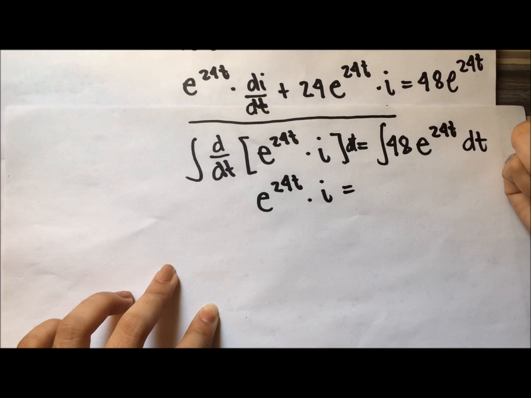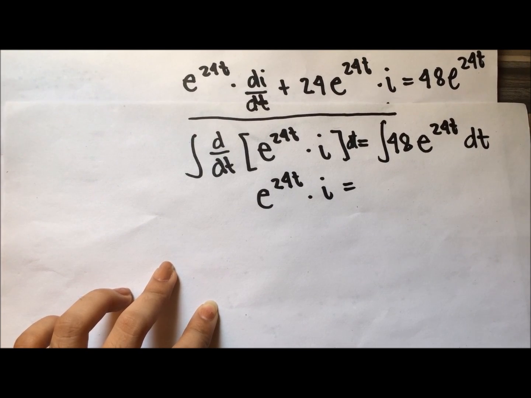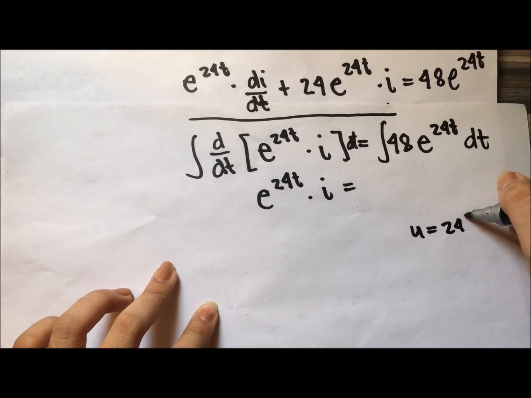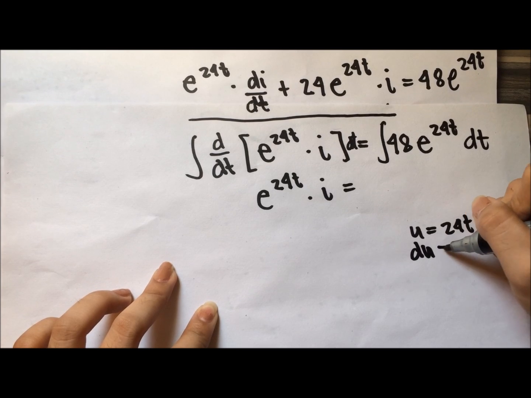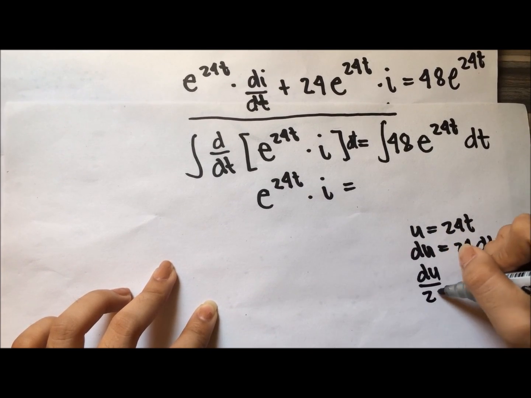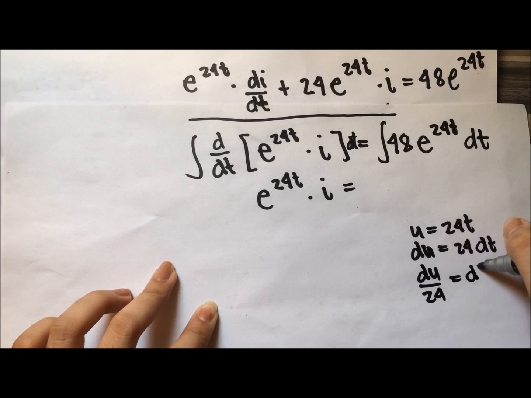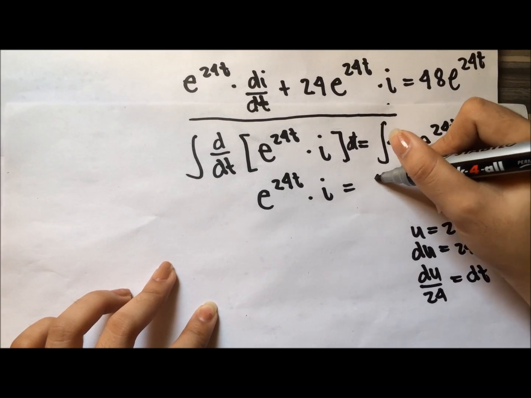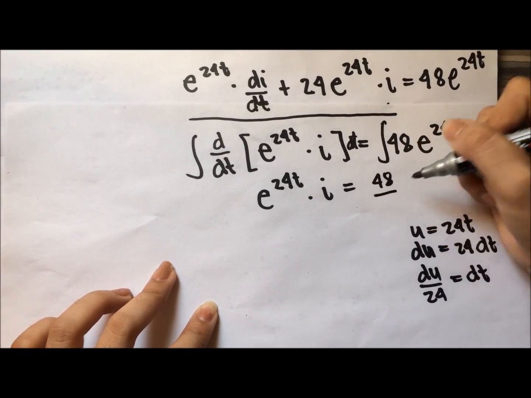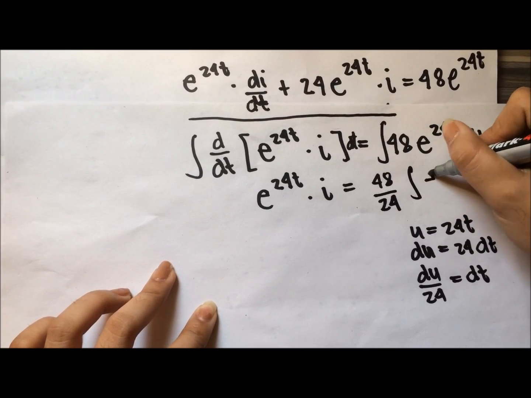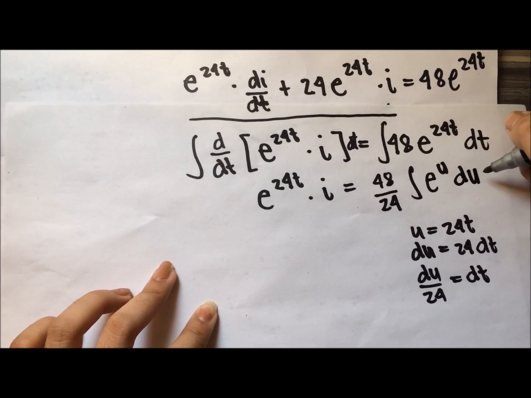To integrate the right side of the equation, we will let u equal 24t. Then du is equal to 24 dt, and du over 24 is equal to dt. So our integral now is equal to 48 over 24 times the integral of e to the u du.